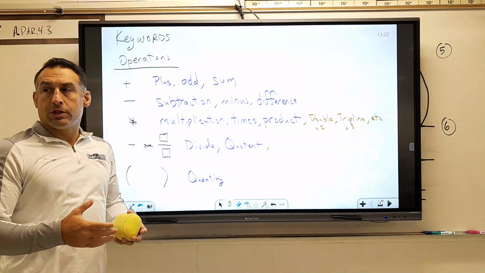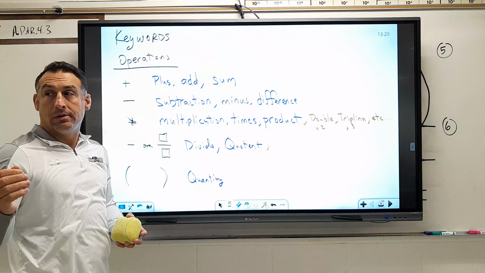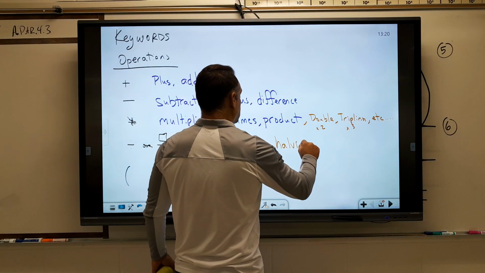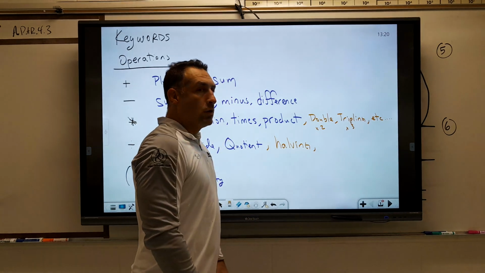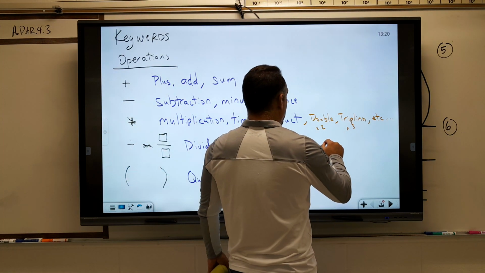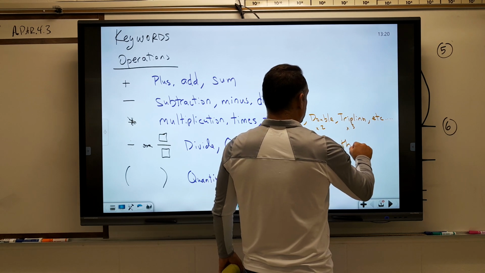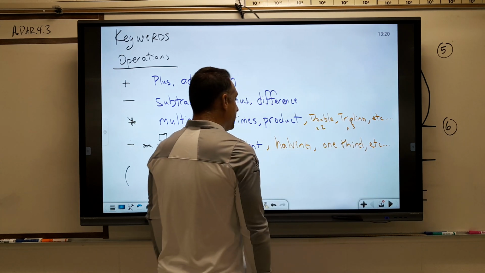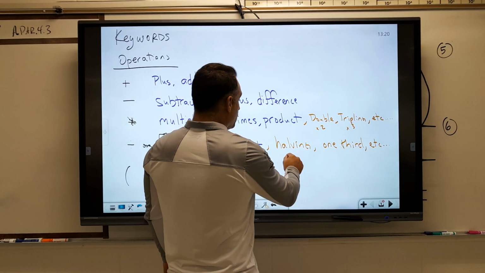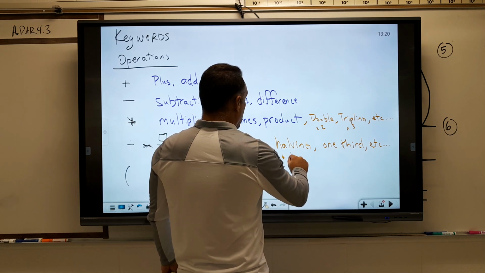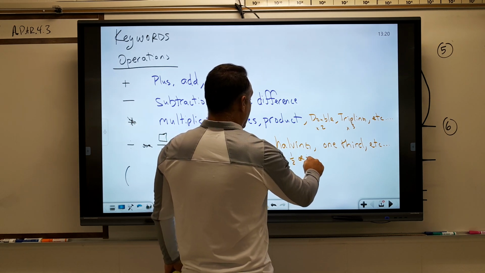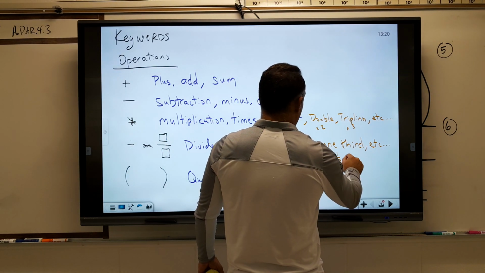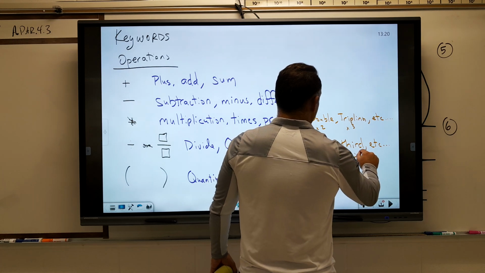Halving, or one third, etc. This would be like timesing by 1/2 or dividing by 2. This would be like timesing by 1/3 or dividing by 3.